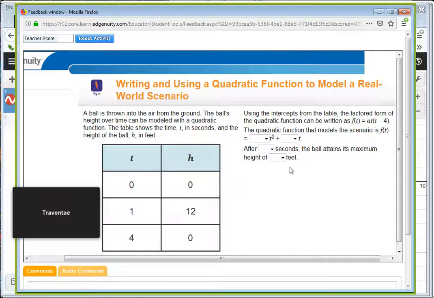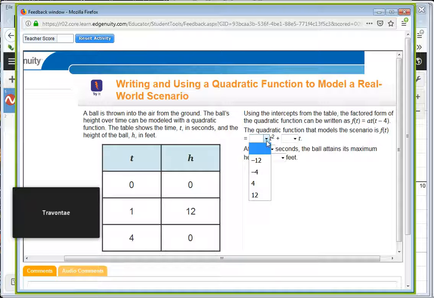A ball is thrown into the air from the ground. First, use the other point in the table to solve for the value of a.